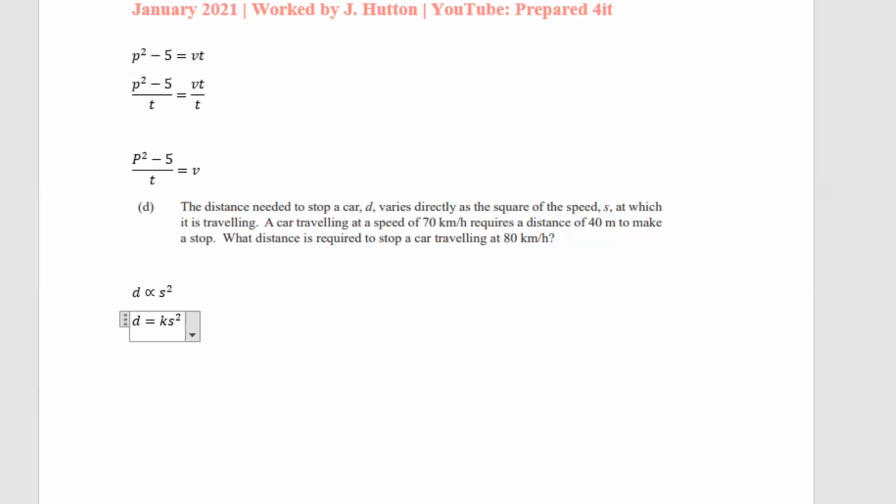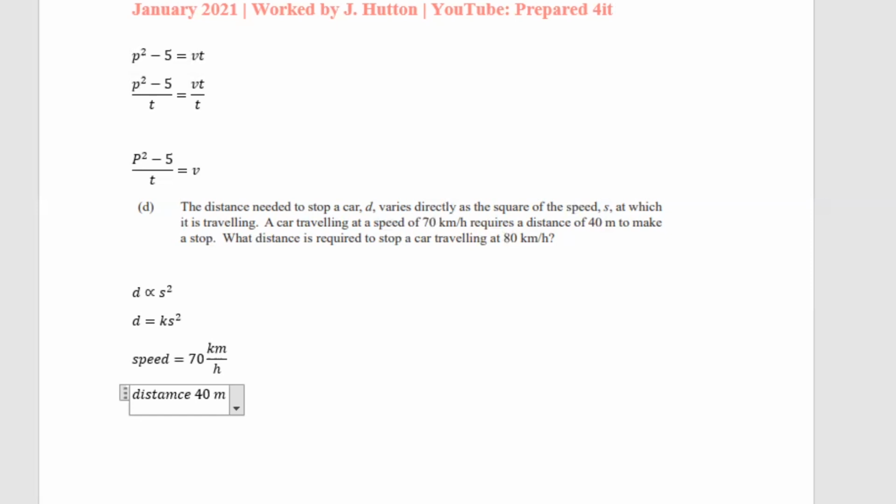Then the question continues to say a car traveling at a speed. So now we have some variables coming in. Our speed is equal to 70 kilometers per hour, at a distance of 40 meters to make a stop. What is the distance required to stop a car traveling at 80 kilometers per hour?